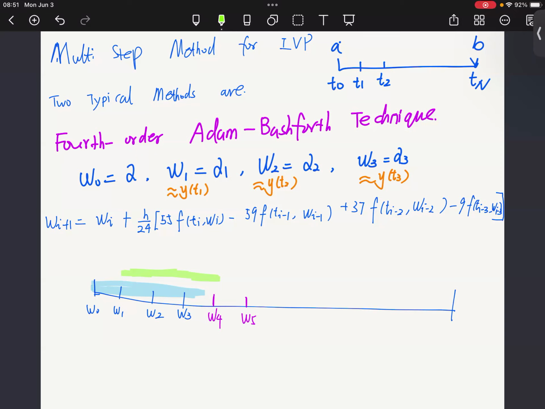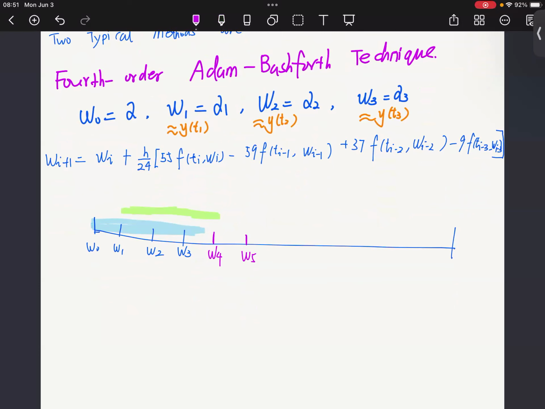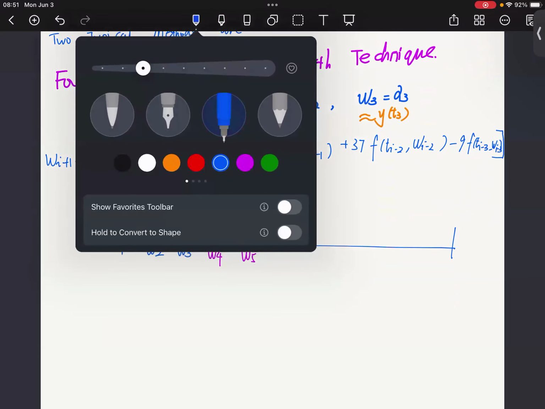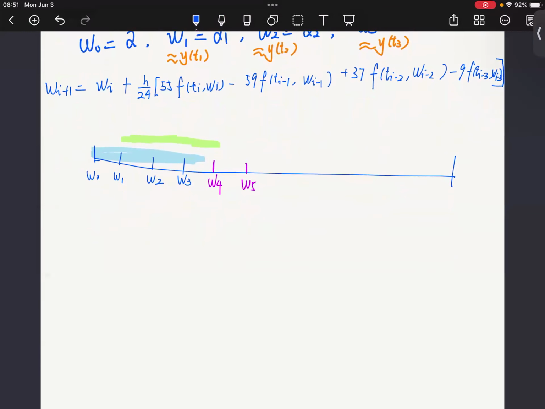This is one type of method, and there's one more typical method here. It is already 8:50, so I can answer your question. We have Wednesday class, and we need to finish everything about multi-step methods next time. I will just write down the things here: fourth order Adams-Moulton methods.